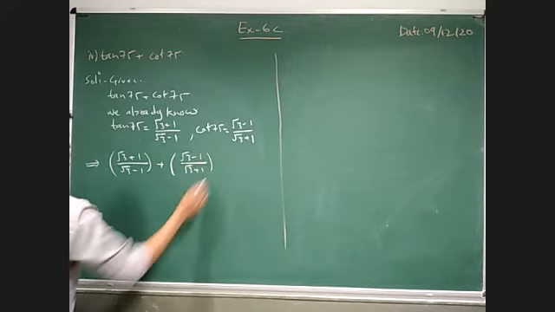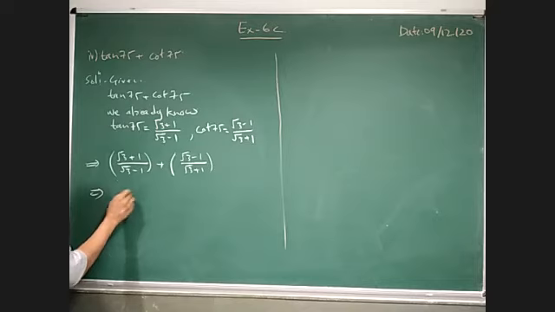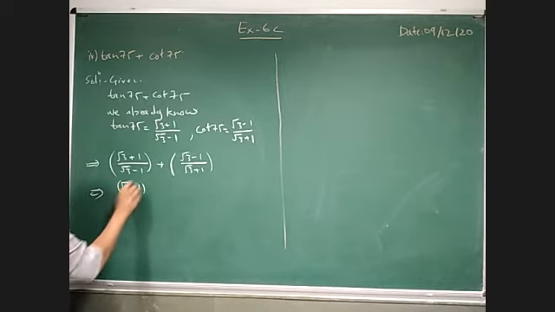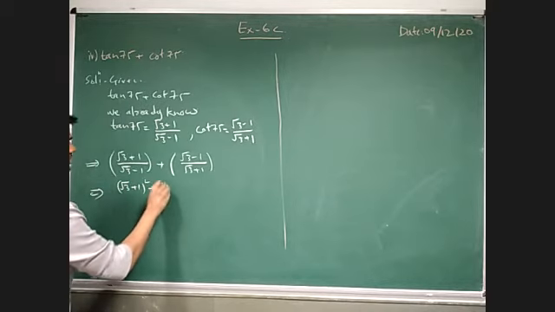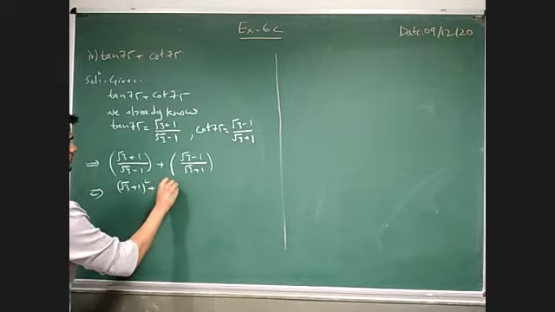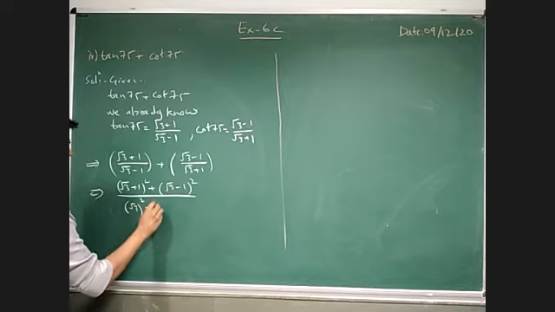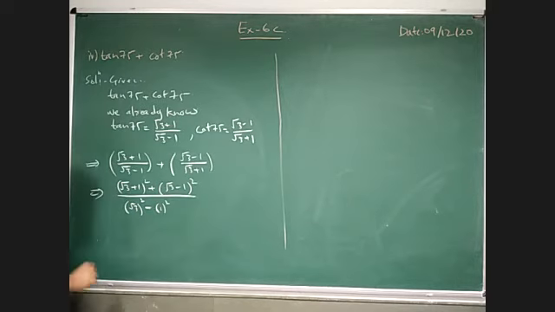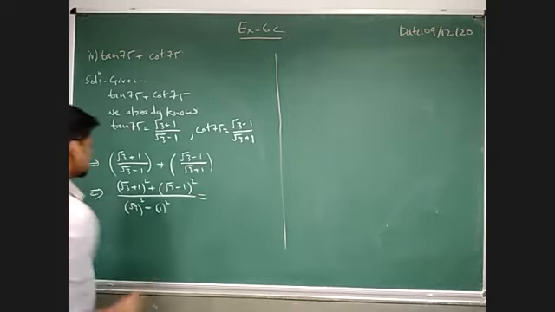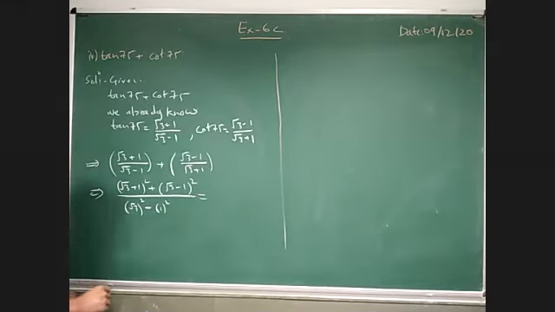Now just see here, I'm going to take the LCM. So after taking the LCM, this will be (root 3 plus 1) square plus (root 3 minus 1) square, and here (root 3 minus 1)(root 3 plus 1).